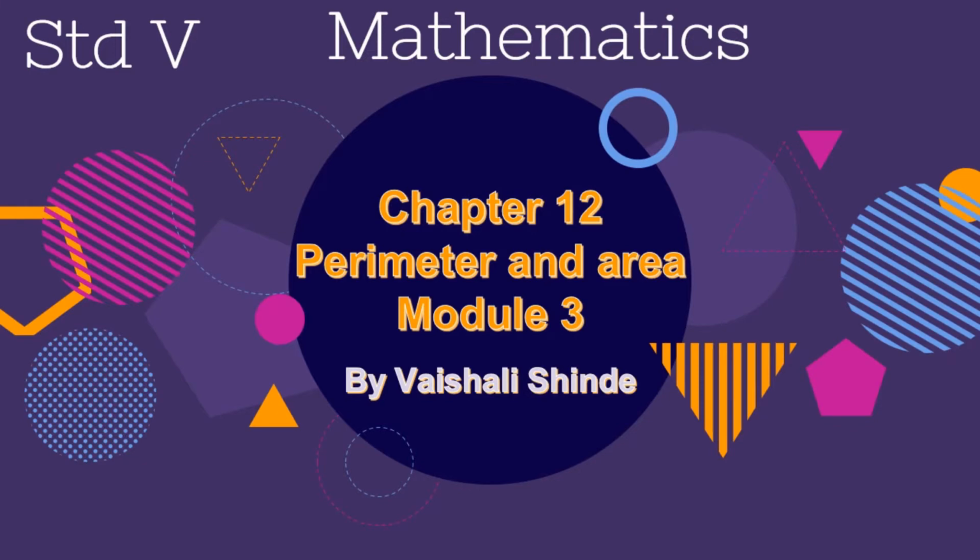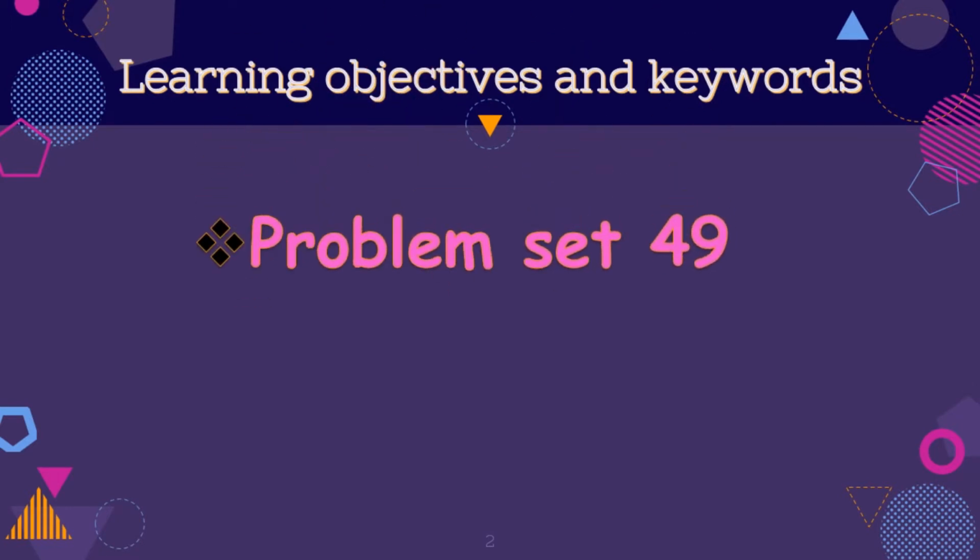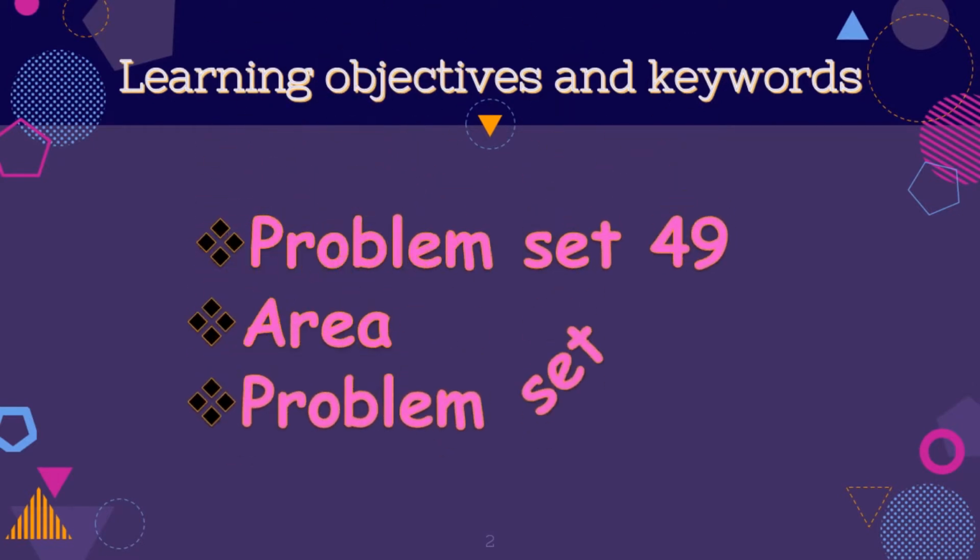Welcome students. This is the third module of chapter number 12, perimeter and area. In this module, we will be learning word problems based on the perimeter of a rectangle and the perimeter of a square.